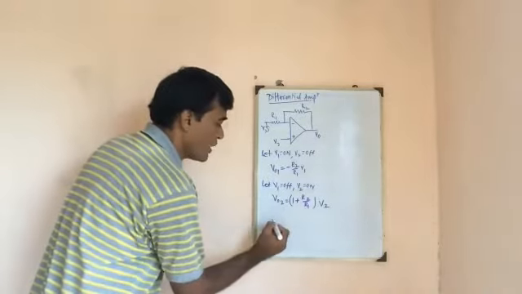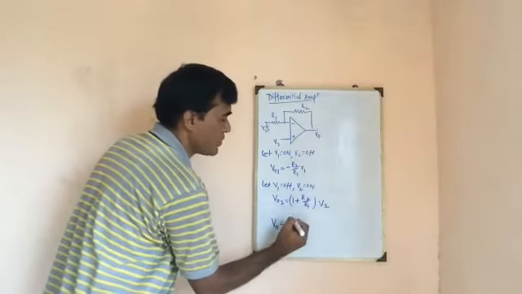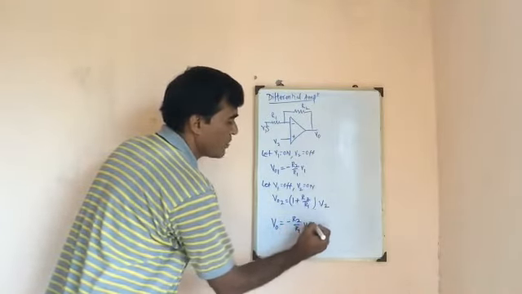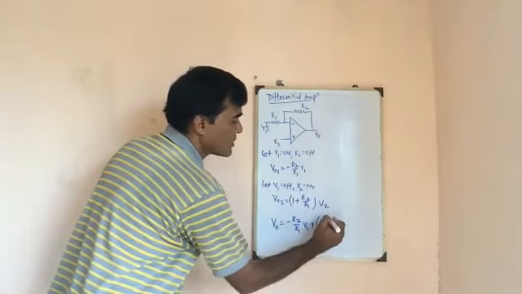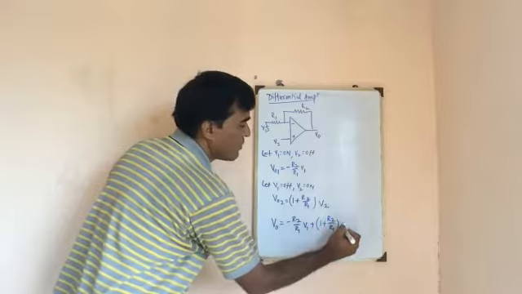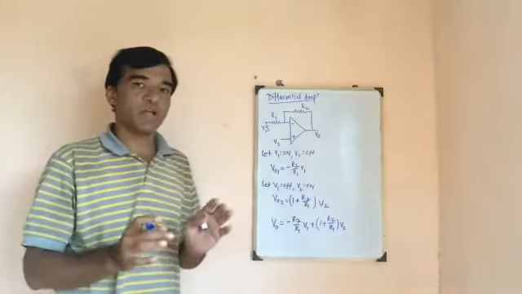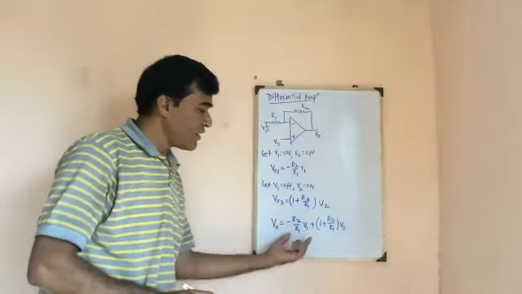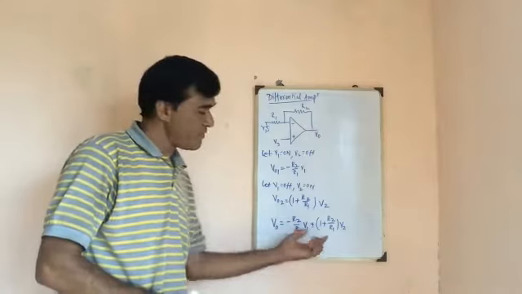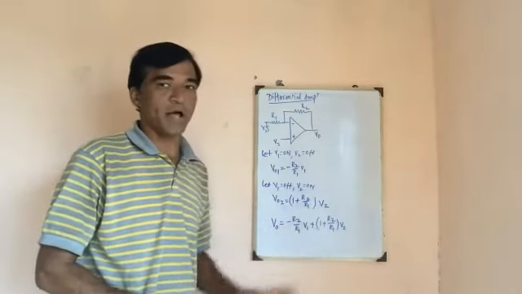The total output voltage V0 can be written as the algebraic sum of these two, which is equal to minus R2 by R1 into V1 plus 1 plus R2 by R1 multiplied by V2. Now if I observe this output expression carefully, for the first term the gain is R2 by R1, whereas for the second term the gain is 1 plus R2 by R1.